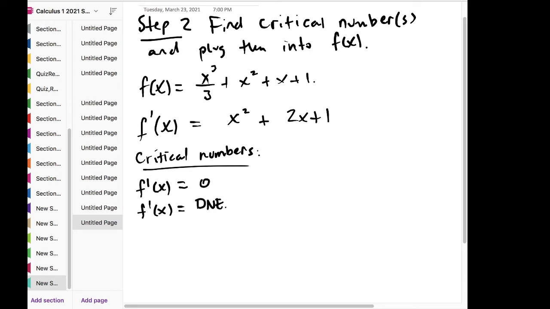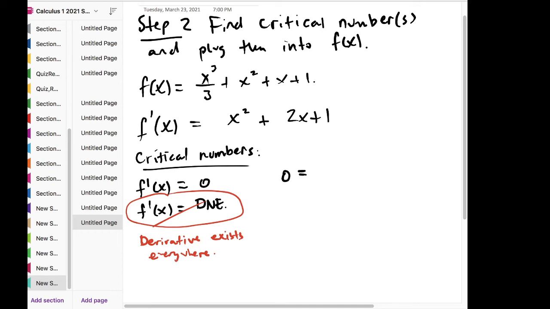For this one, it's who cares, because the derivative exists everywhere. So the only thing is 0.